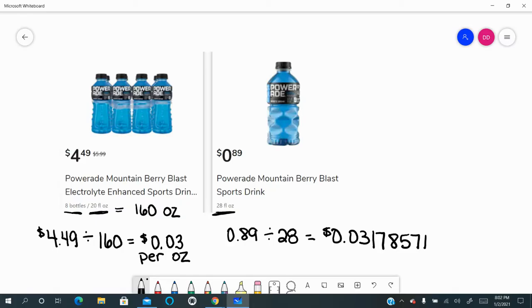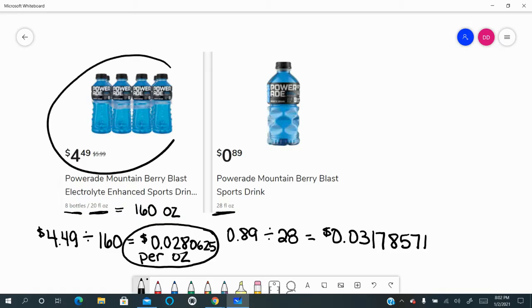It was actually 0.02806625. So once I take them out more decimal places, even though they both round to 3 cents per ounce, this is the better deal because it's slightly less than the 89-cent Powerade. So this would be the better deal.